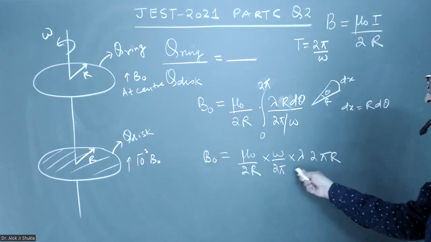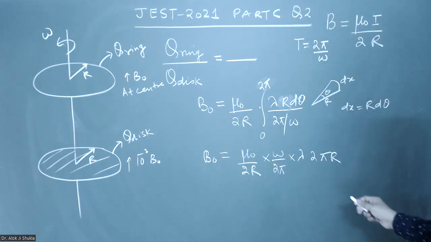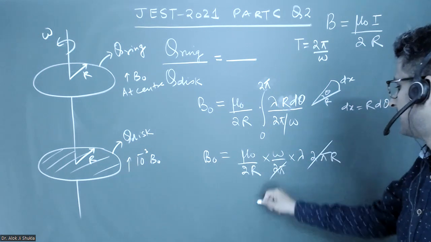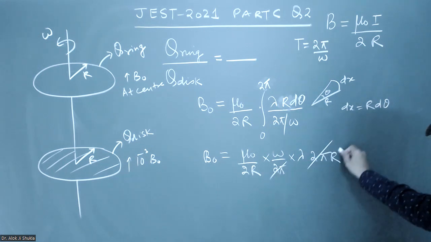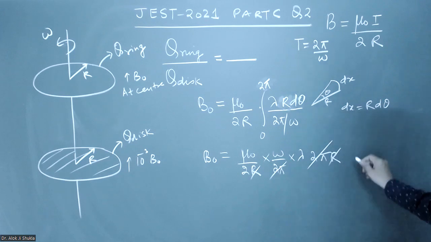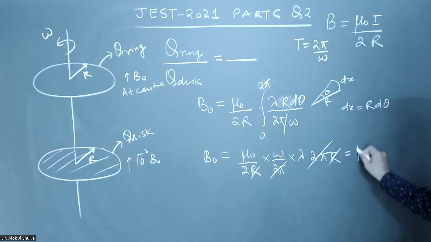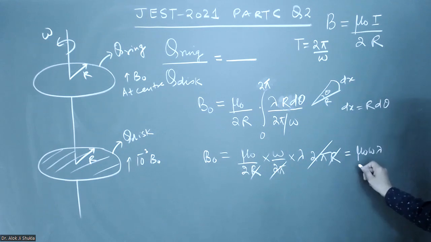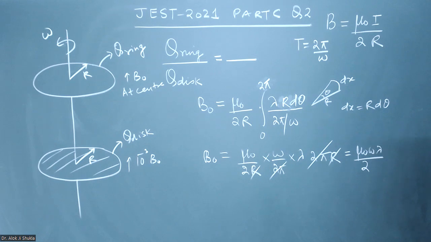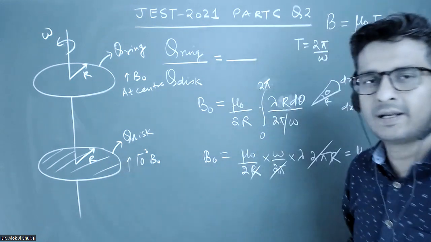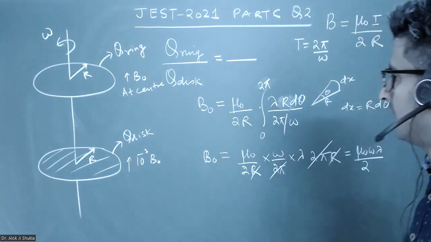You can cancel many things: 2 pi cancels with 2 pi, and r cancels with r. So it will be just equal to mu naught omega lambda by 2. This is the value of B naught. Now coming to the disk, a little bit of calculus will be used.